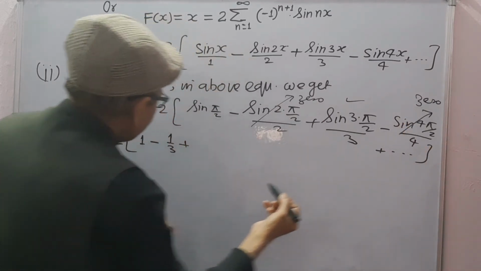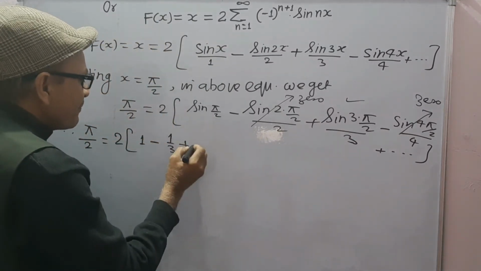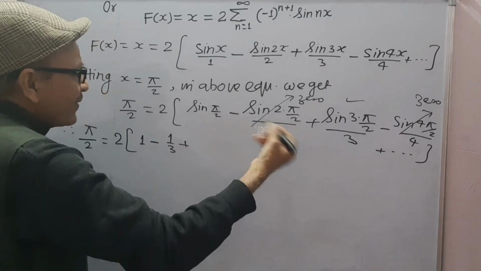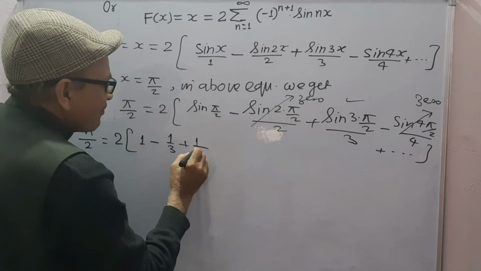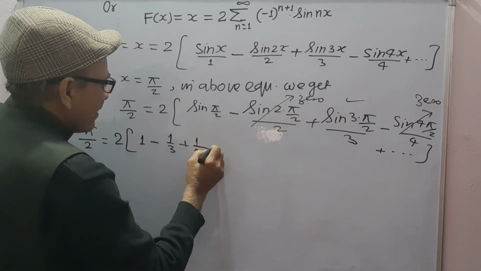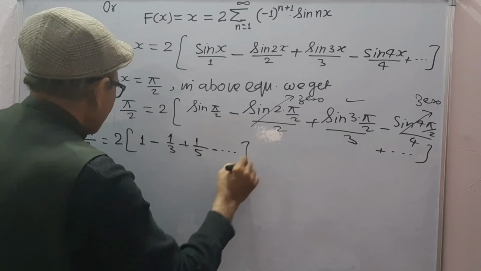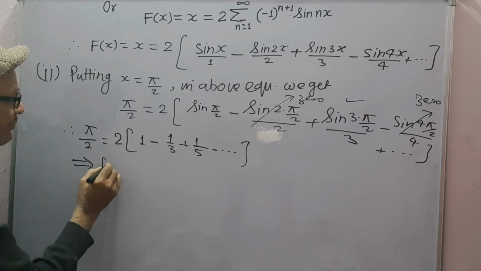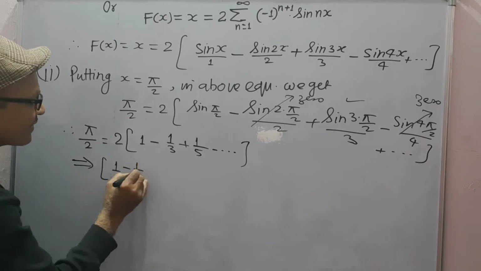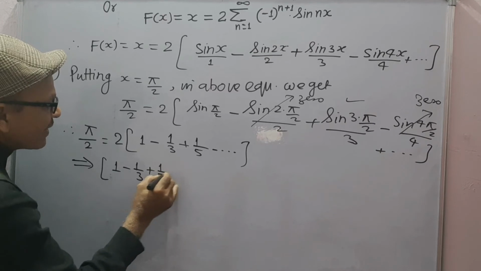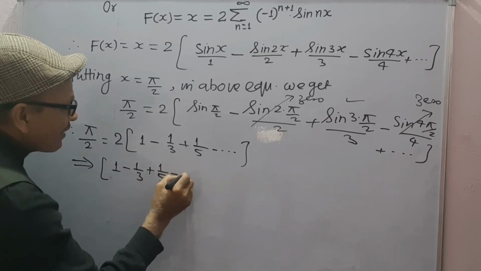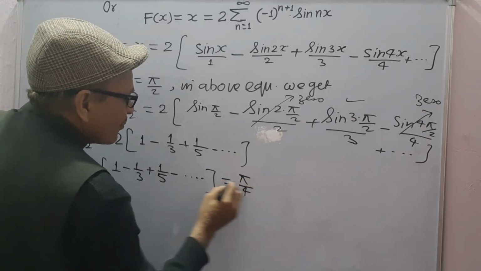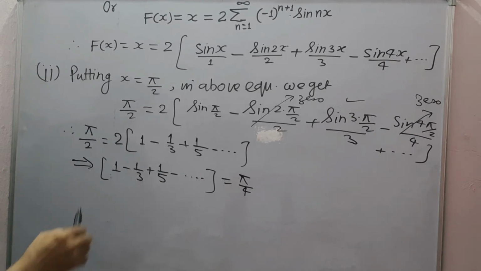Next term will be sin 5 pi by 2 negative, so sin 5 pi by 2 means positive 1 upon 5 and so on. So this 2 comes here and we get the sum of the given series as 1 minus 1 by 3 plus 1 by 5 minus and so on as pi by 4, which is the required result.